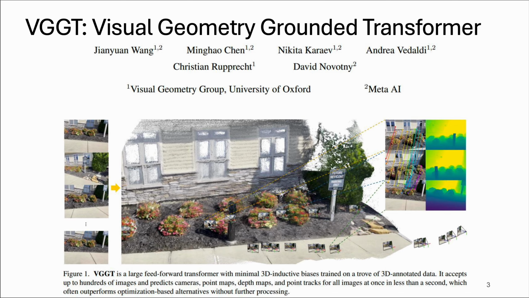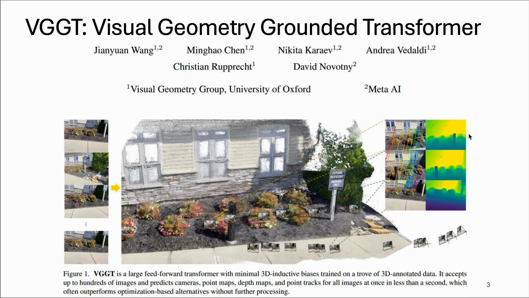Second, it also outputs all of the camera parameters, which include both the extrinsic and intrinsic parameters of the camera corresponding to each of these input images. And for each camera, its corresponding depth map with respect to the camera location.